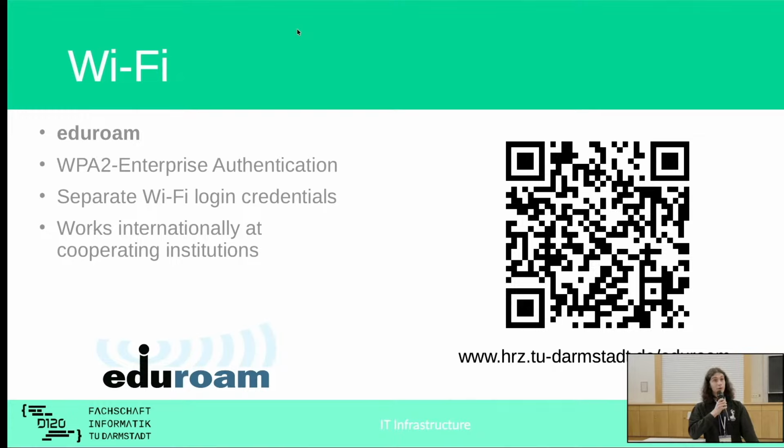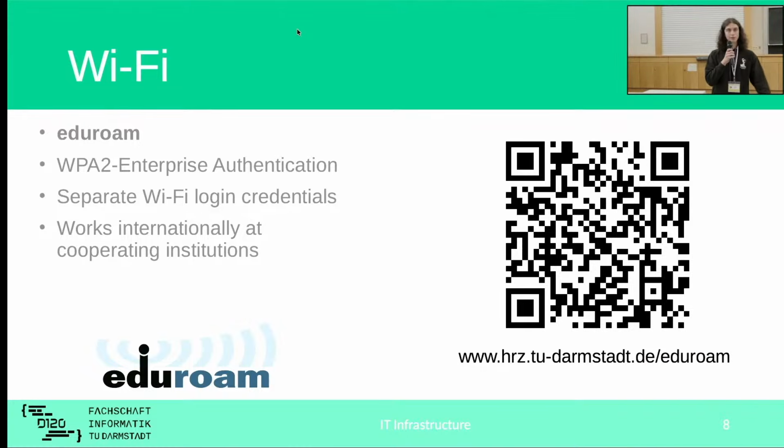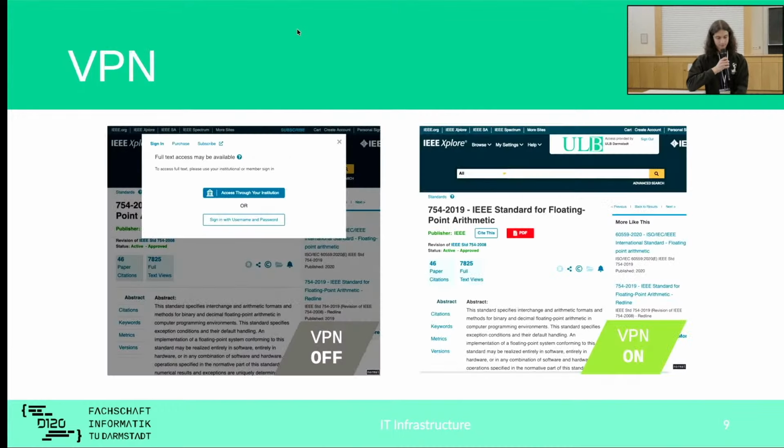It is important to note, this is not your HRZ account. You have to create it once for every device, and you can use at most 3 accounts. Although I must say it could be viable to use one Wi-Fi account for all of your systems, but don't quote me on that. Actually, it also works at all internationally cooperating institutions.